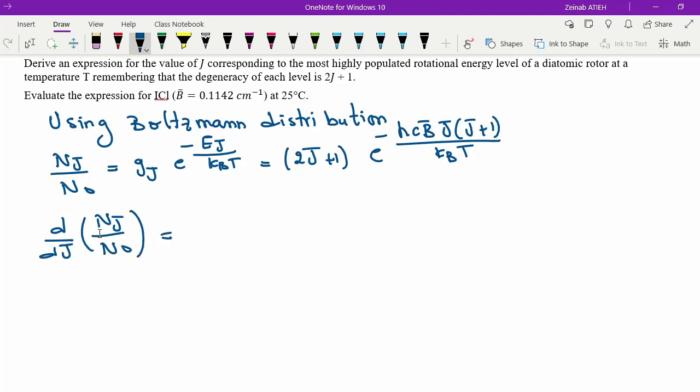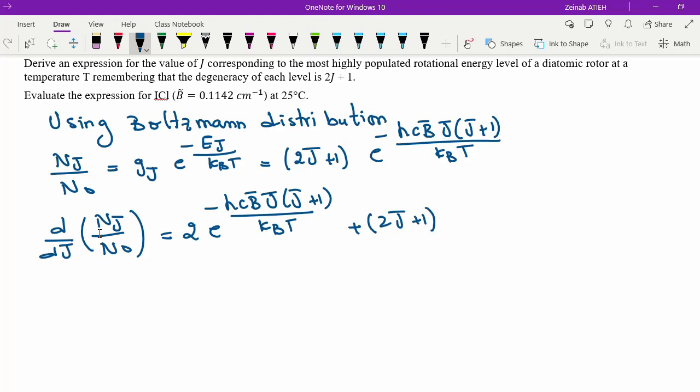We have two parts, it's uv, so I have to do u prime v plus v prime u. The derivative of the first part will be 2 exponential minus hcB bar J(J plus 1) over kBT. For the second part, we still have 2J plus 1, and I have to take the derivative of the power.